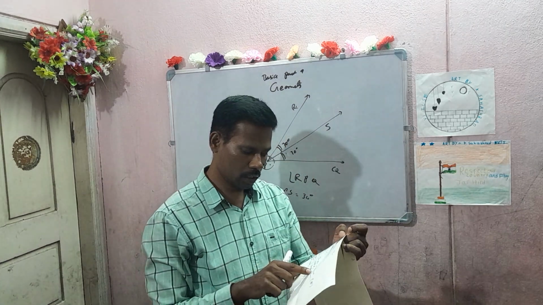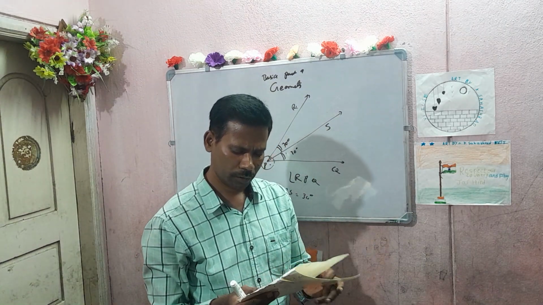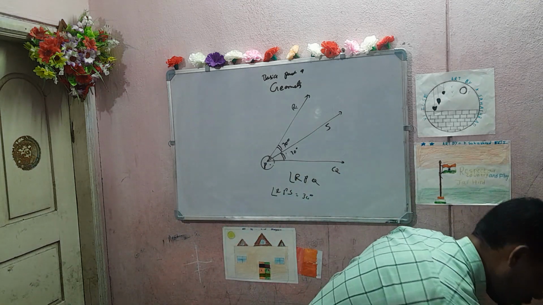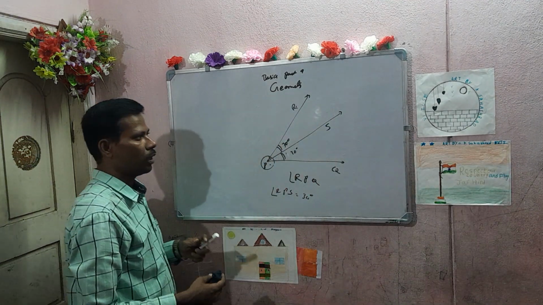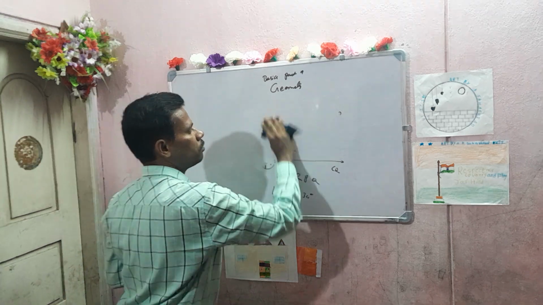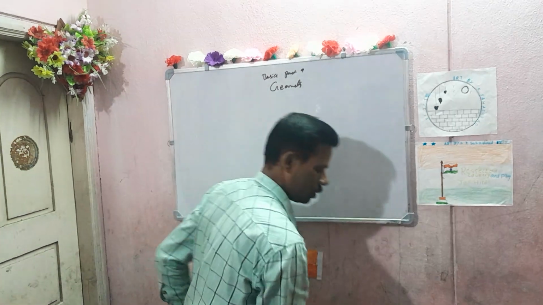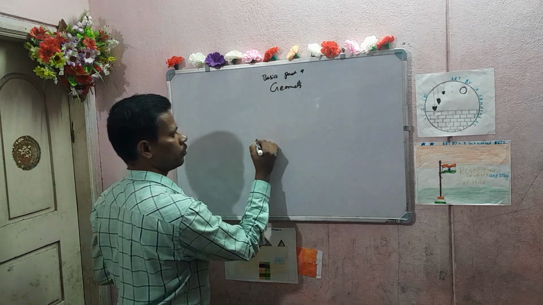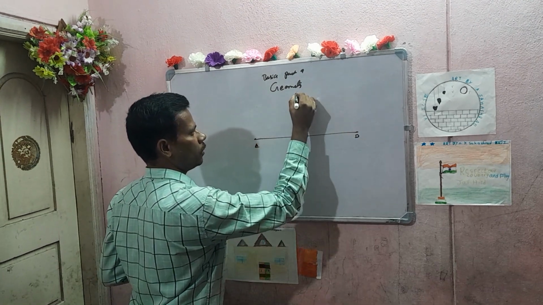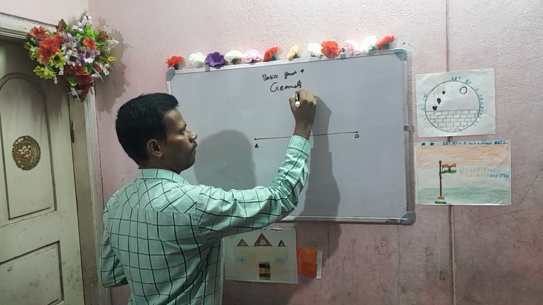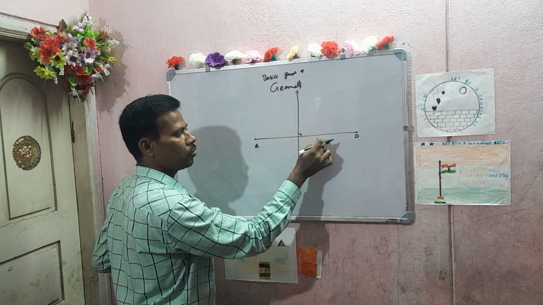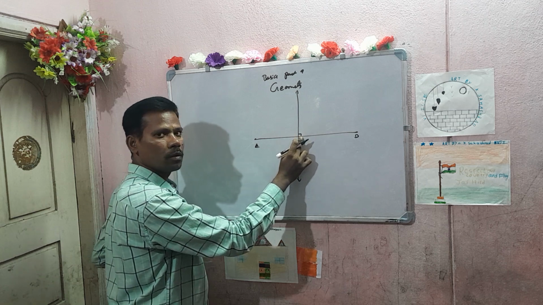Medians I have discussed, altitudes I have discussed. Next, perpendicular bisector. The word itself is suggesting perpendicular as well as bisector. AB, a line which divides the segment into two equal parts and is also perpendicular.